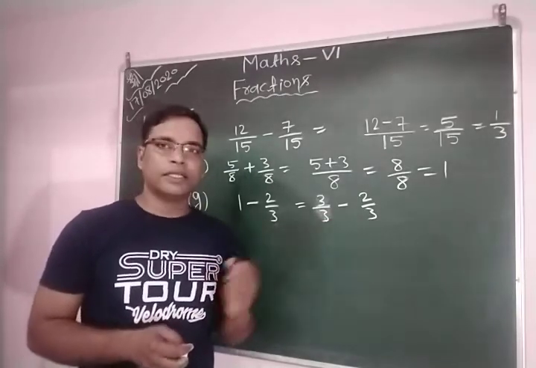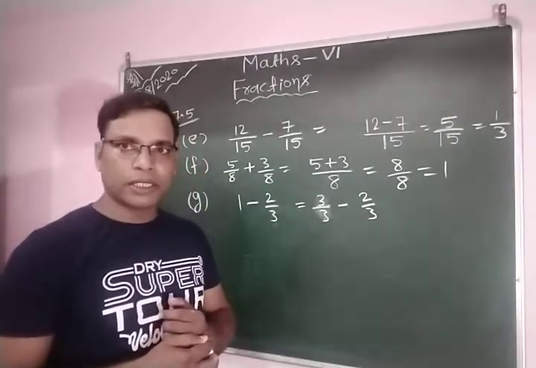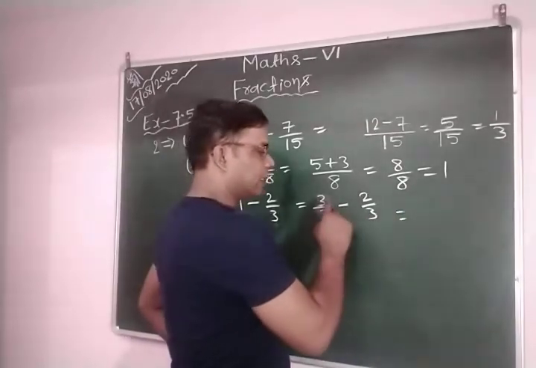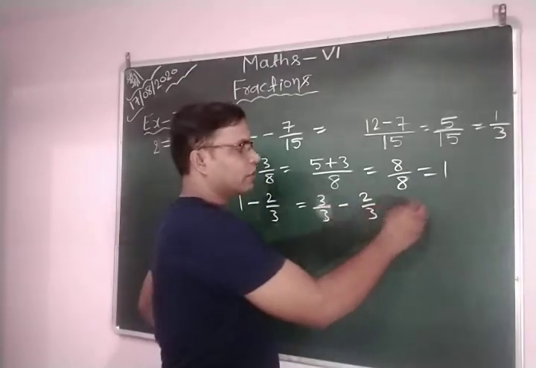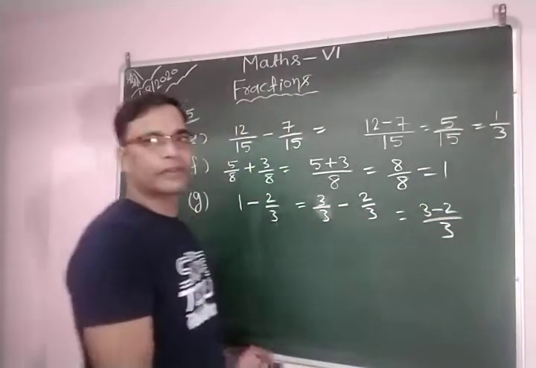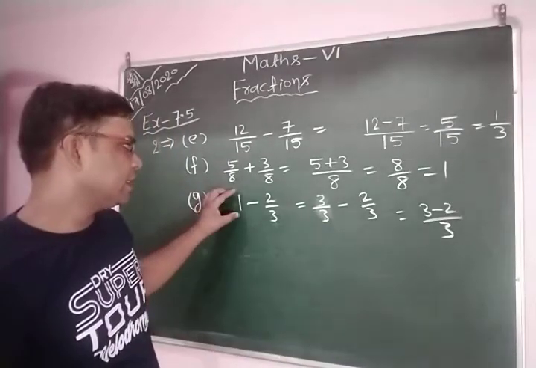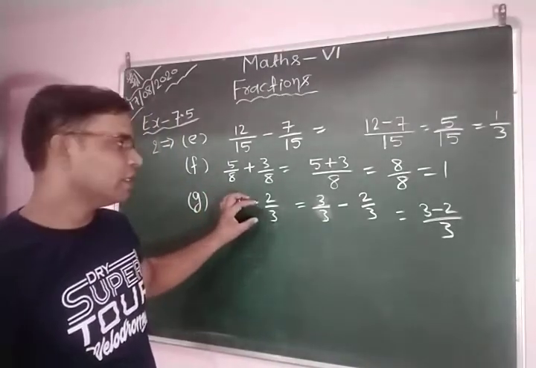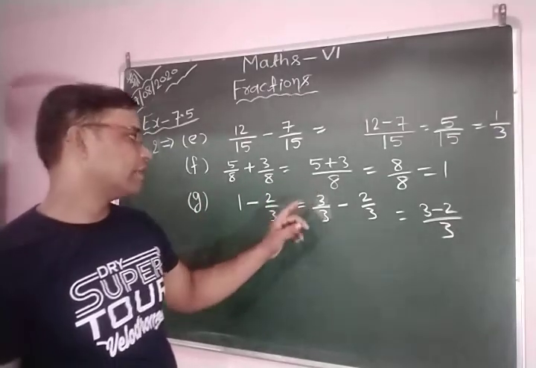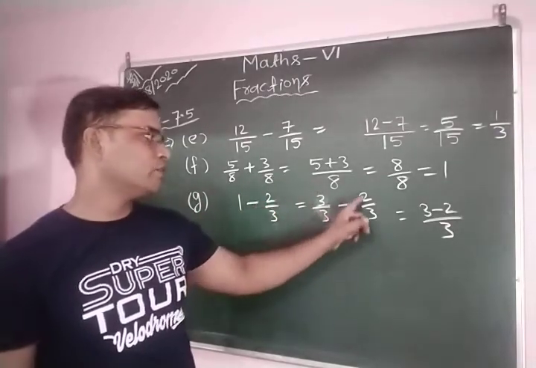So first we write 1 as 3 by 3, it becomes 1, and after this minus 2 by 3.